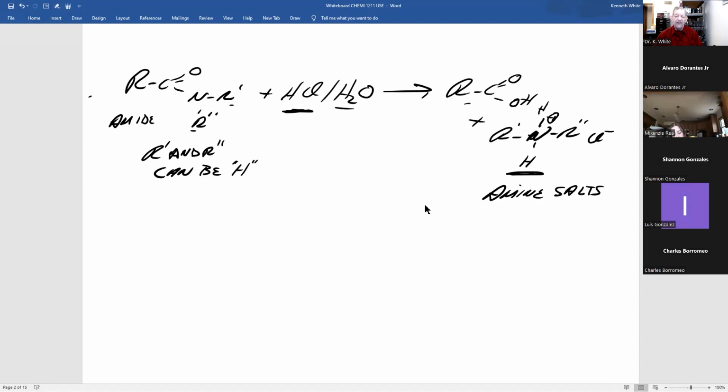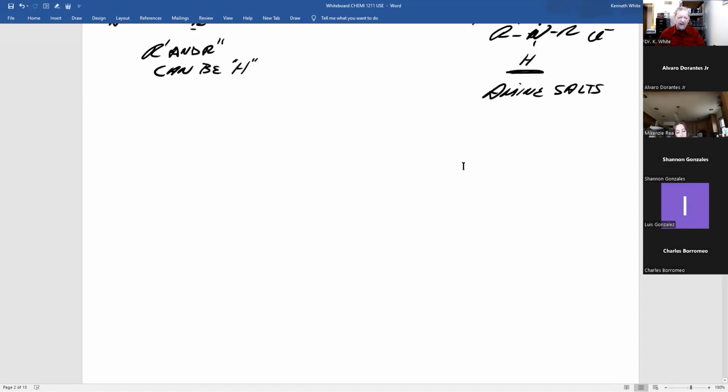And I'll teach you later how Mother Nature uses this to help make amino acids soluble in your blood. So, amide, HCl, and water: acid hydrolysis of an amide. You get back the carboxylic acid you would have used to make that amide, plus the amine salt of the amine you would have used to make that amide.